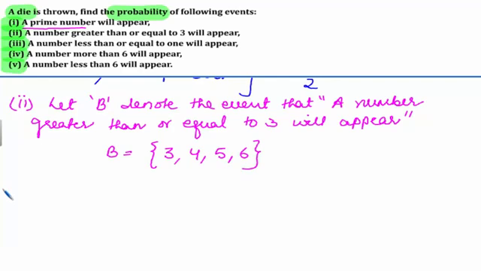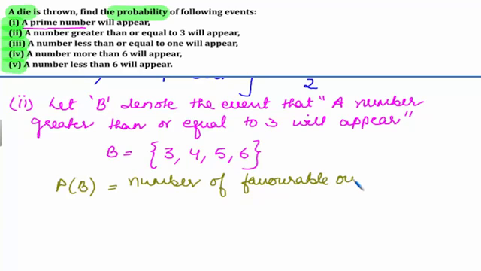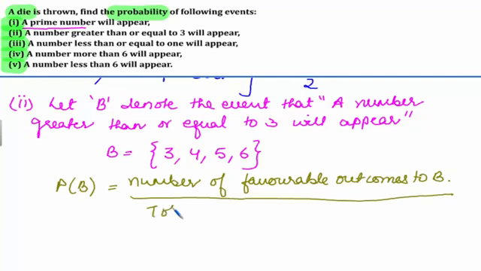Now let us find the probability of B. Probability of B is equal to the number of favorable outcomes to the event B divided by the total number of outcomes.